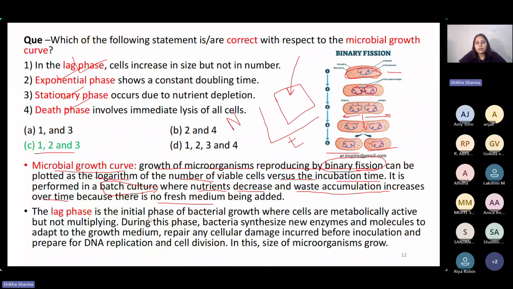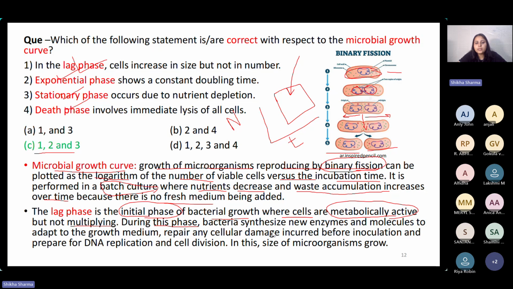In the lag phase, which is the initial phase, the bacterial cells will not divide initially. They will try to sustain in that environment. The lag phase is the initial bacterial growth where the cells are metabolically active, but they are not going to multiply.